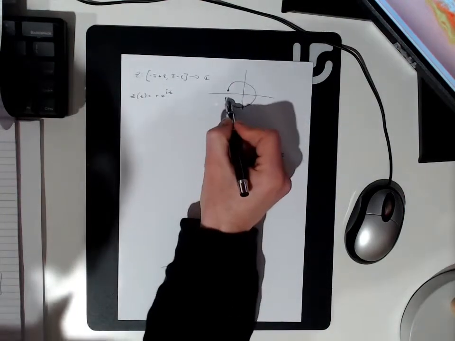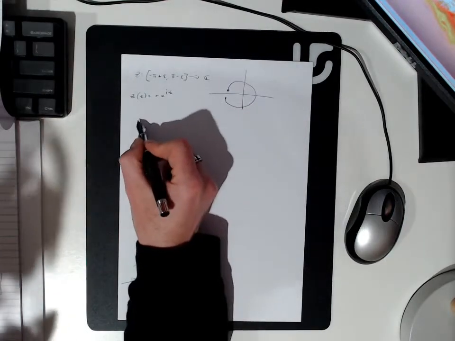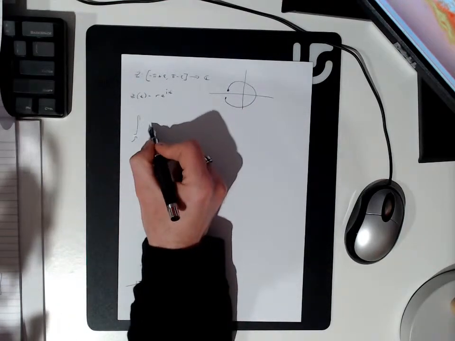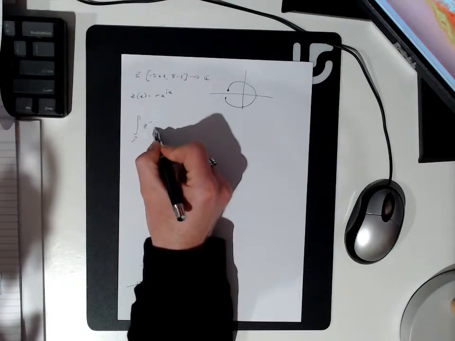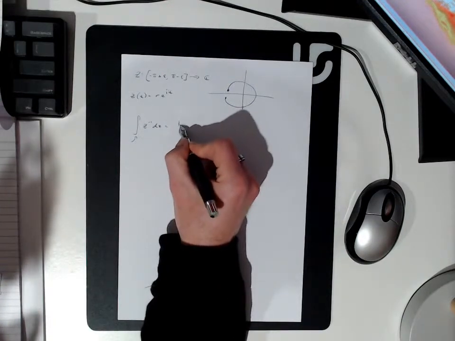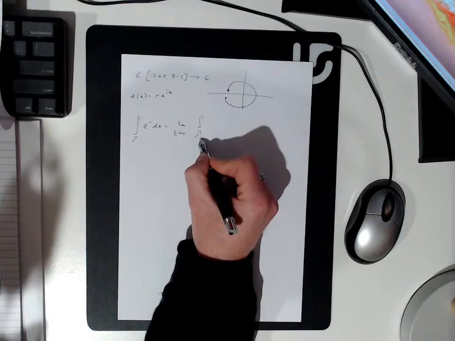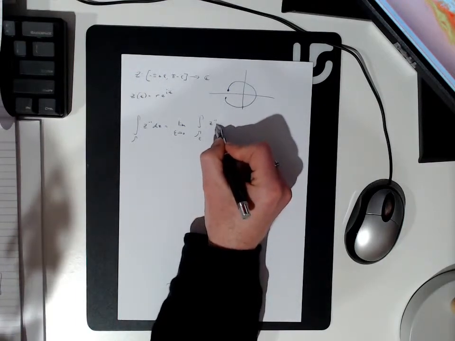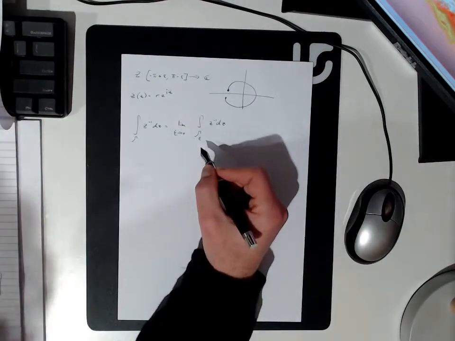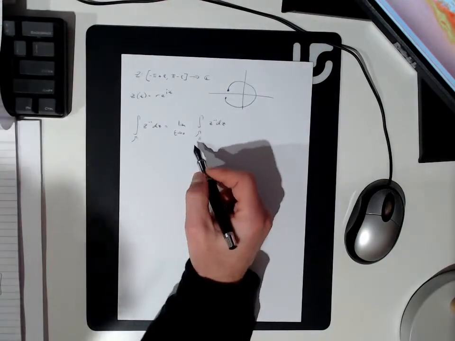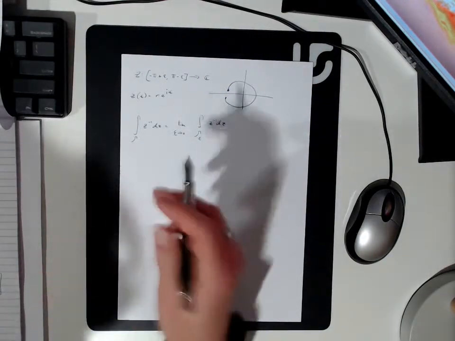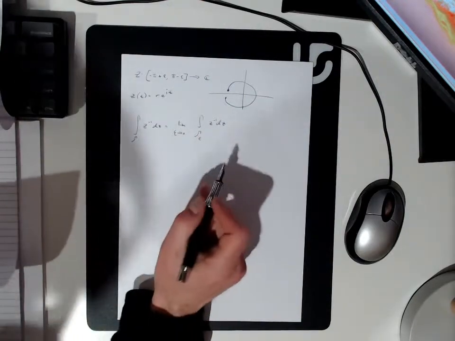But okay, now it turns out that the integral over gamma of z^(-1) dz is equal to the limit as epsilon goes to 0 of the integral over gamma epsilon. And this is essentially for the same reasons that limits of integrals exist, and you can work with them in the real numbers.